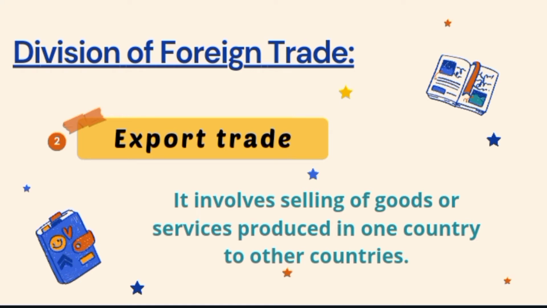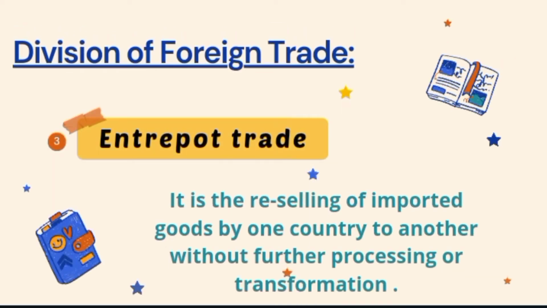Then lastly, we have the intraport trade. The intraport trade is the re-exporting of goods already bought into a country from another country. It is simply the movement of goods from one country to another without further processing or transformation.